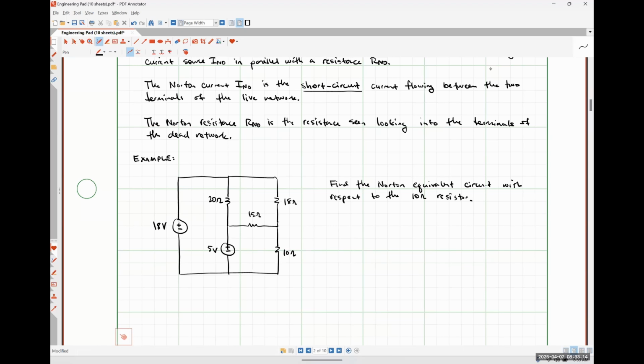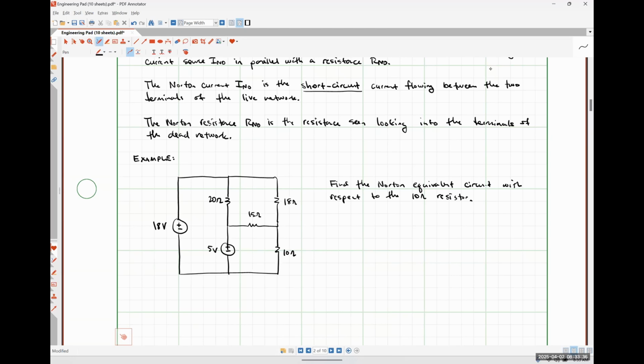So essentially, how we're going to define our Norton current is going to be dependent on how we defined our Thevenin resistance. So I'm always going to choose to draw my Norton current as if it were flowing into the positive polarity terminal of how I defined my Thevenin resistance. So in that case, this is going to be direction down.